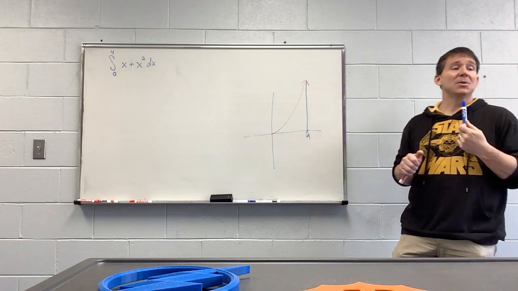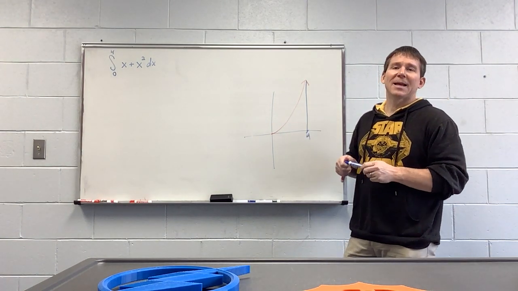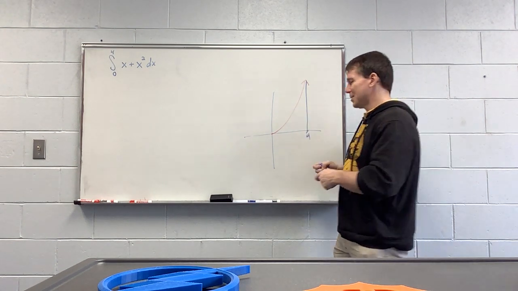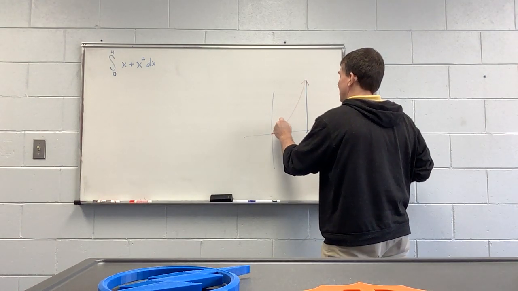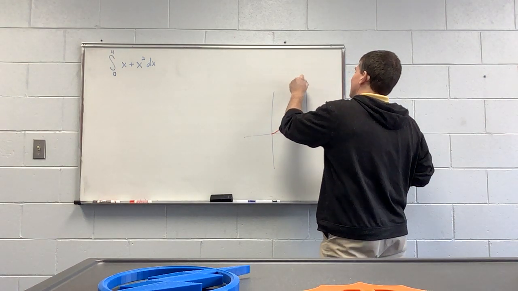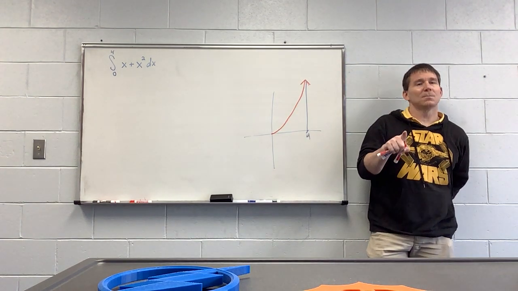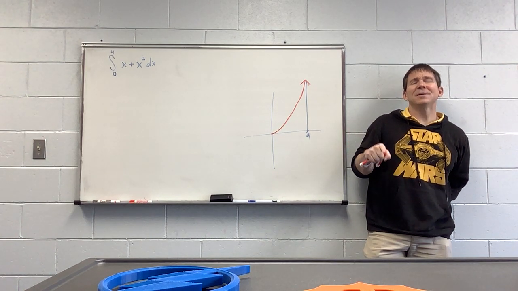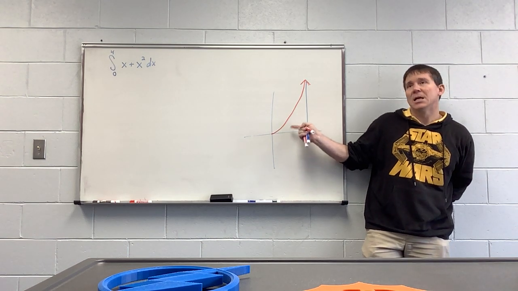And if this was 271, Calc 1, we would just draw rectangles and be good to go. The problem is, I'm not going to draw on this with rectangles and make it messier. I'll draw my red darker so I can see the video. We recall from Calc 1, rectangles are good approximations, but they can be really off based on the steepness of the curve and things like that.